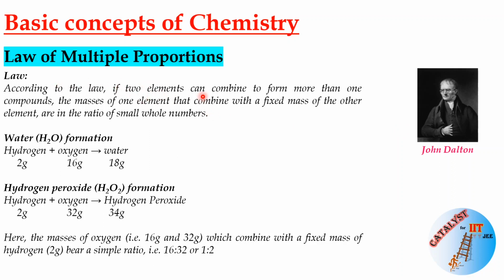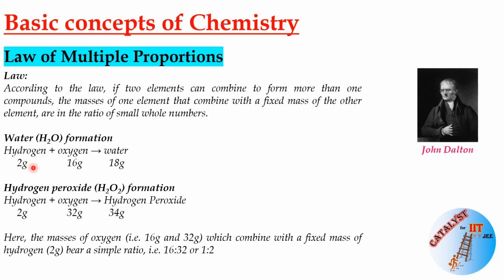Like here, hydrogen and oxygen can form H2O, which is water, and hydrogen peroxide, which is H2O2. So if two elements, hydrogen and oxygen here, can combine to form more than one compound, H2O and H2O2, then the masses of one element that combine with a fixed mass of the other element.